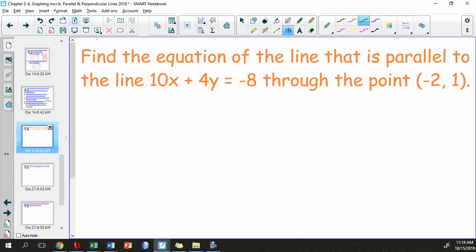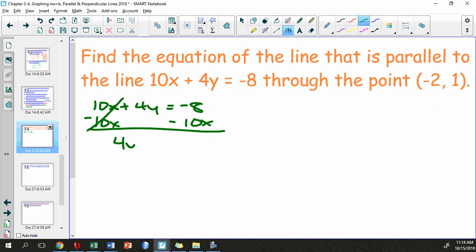I have to solve that thing for y. So if I solve this thing for y, I have 10x plus 4y is equal to negative 8. How do I solve that for y? Subtract 10x. So I have 4y is equal to negative 10x minus 8. Now we're going to divide each and every term by negative 4, or by positive 4, sorry.